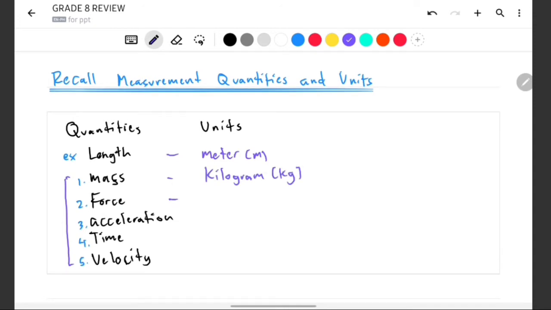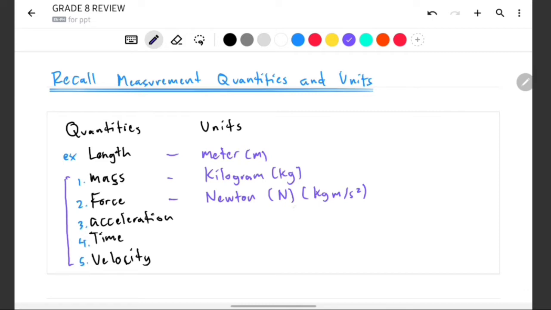How about for force? Yan yung bago na binigay sa inyo. Matatandaan ninyo sa mga past videos natin, the unit for force is Newton, or big letter N. Pwede din naman na kg meters per second square.